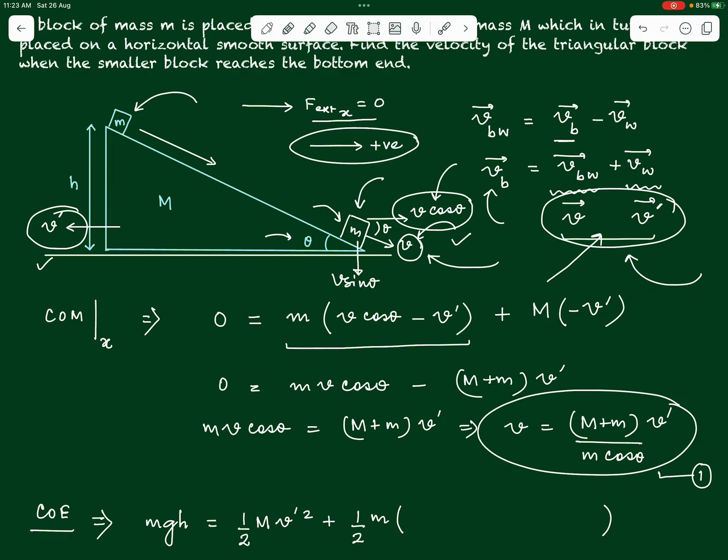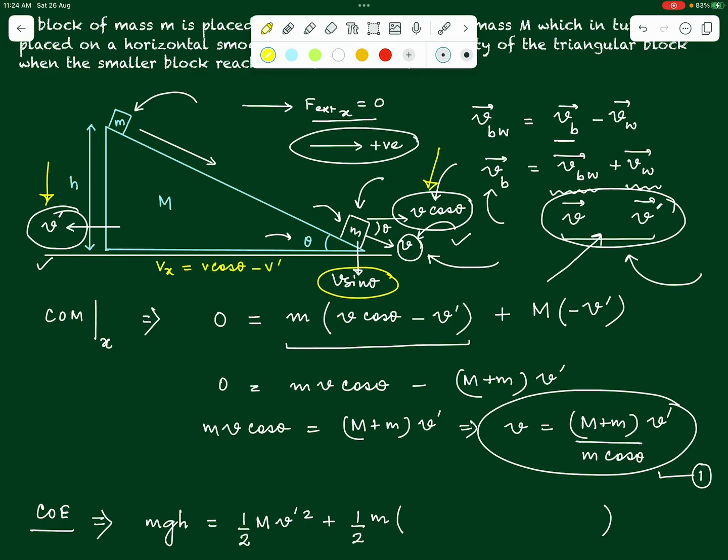So, see carefully in this figure that this v cos theta minus v dash is the net x direction velocity of the block, whereas this v sin theta is the y direction velocity of the block, right. So, Vx for the block is v cos theta minus v dash, whereas Vy for the block is v sin theta. And now, how can we find out the net speed of the block?